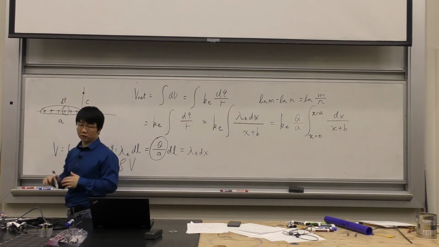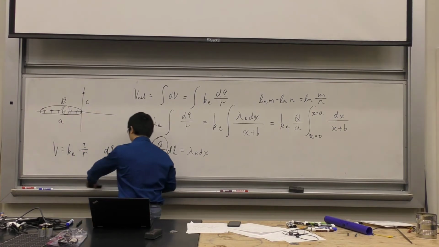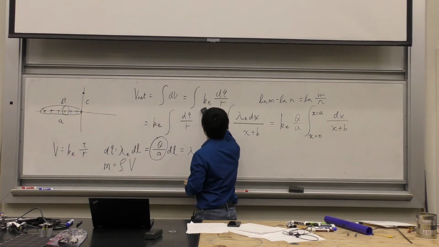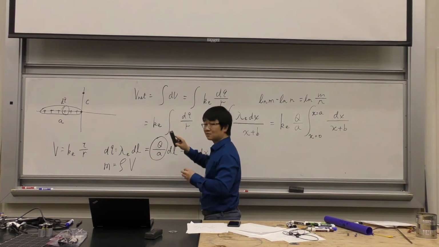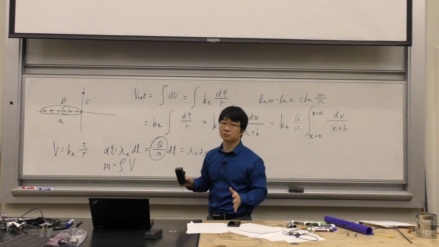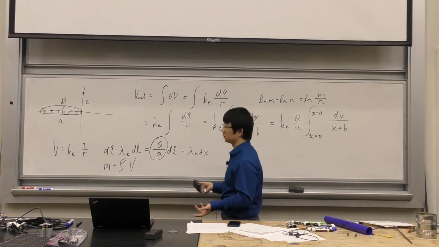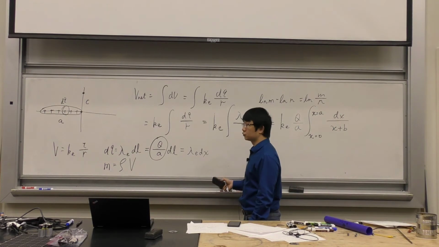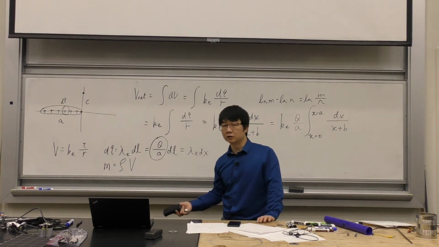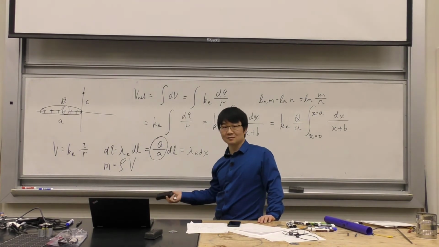No arrows, no vectors, it's just going to be a number. Integrate it out, you get this, nothing changes. I take out ke, that's the theory. The theory never changes. The math can be different, but the theory is always the same. That's why I like physics. I don't need to come up with my own theory. I don't have 1,000 theories to learn when I see different cases.